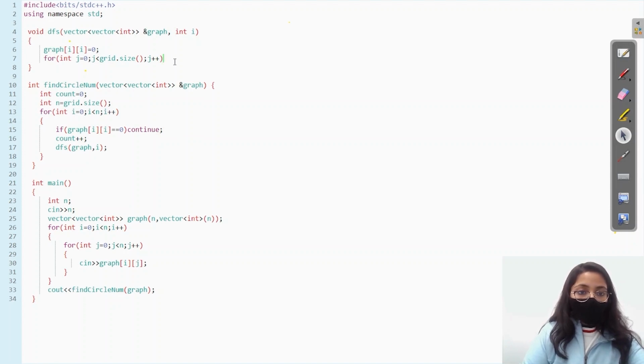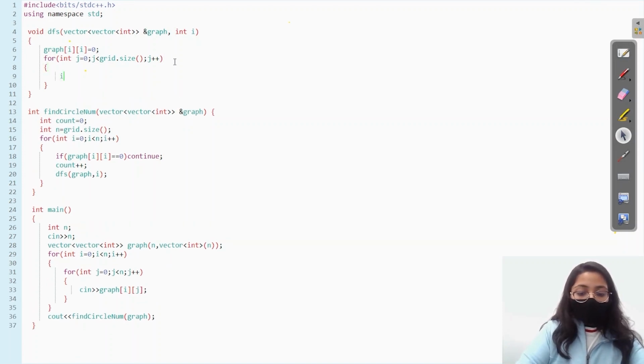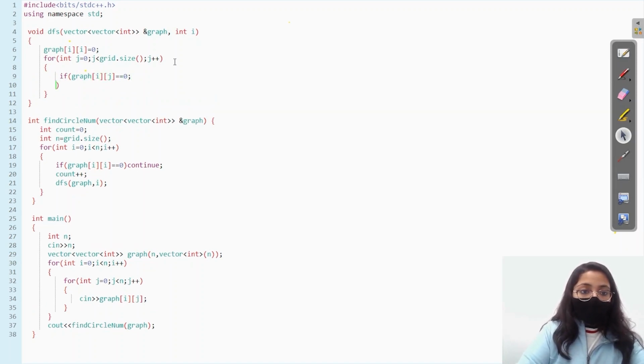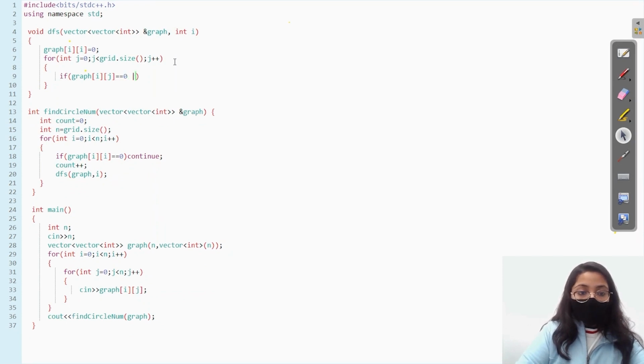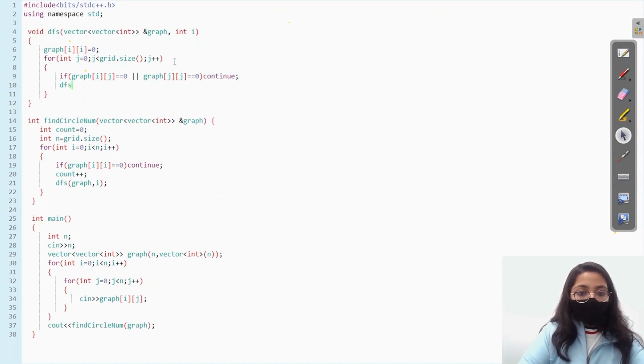We are going to check what, that if graph of I comma j is 0, or if graph of j comma j is 0, that means that city has been traversed. Then we will continue. Otherwise, we will call DFS in the graph for j.